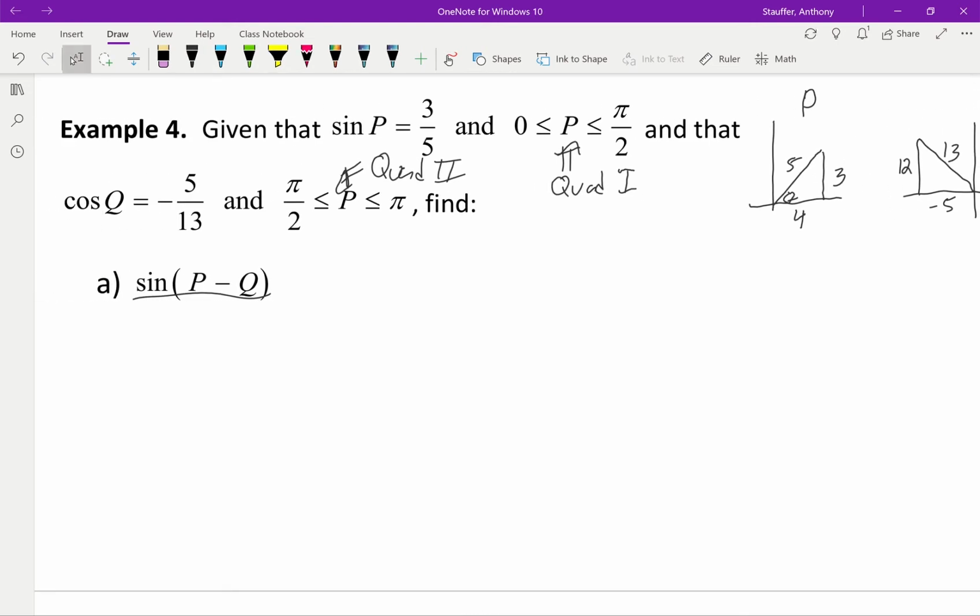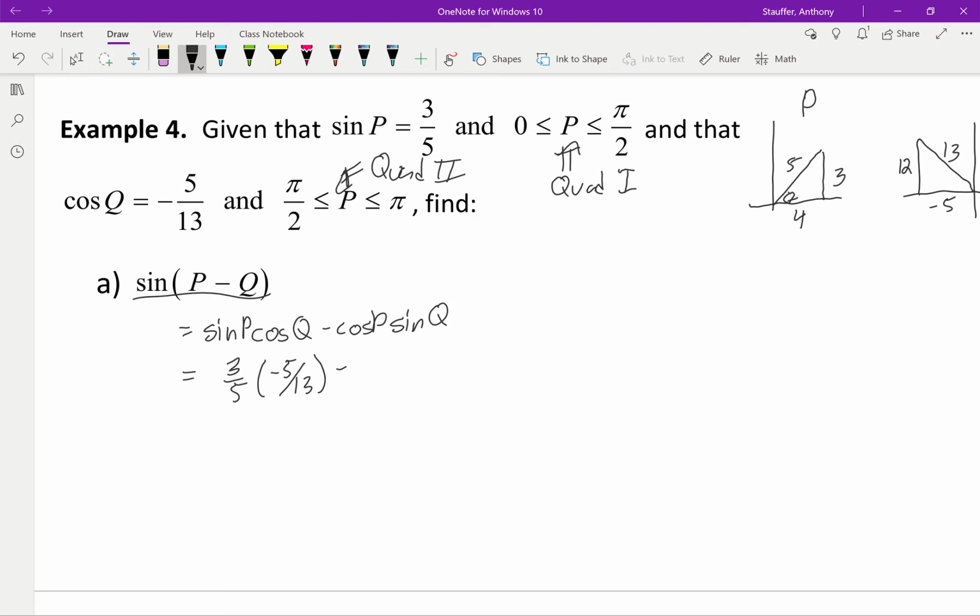So looking at sine of p minus q, that's going to give us sine p cos q minus cos p sine q. Well, sine p we already know is 3 over 5, and cos q we already know is negative 5 over 13.